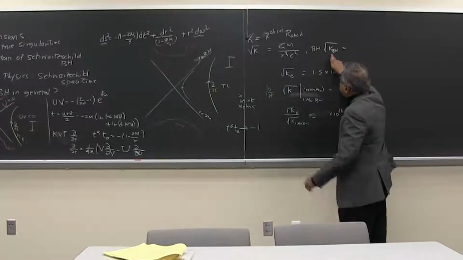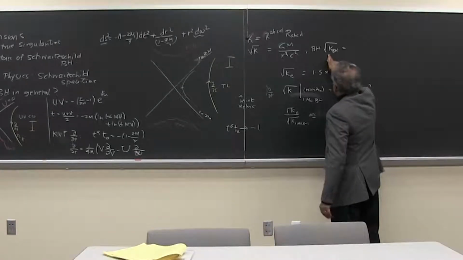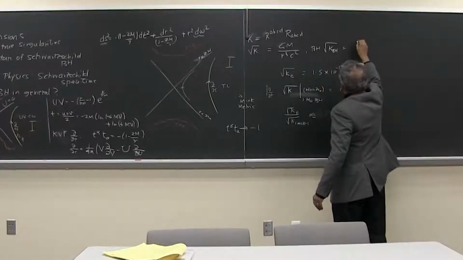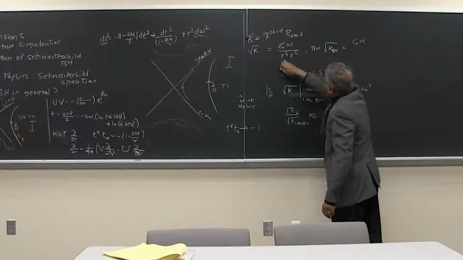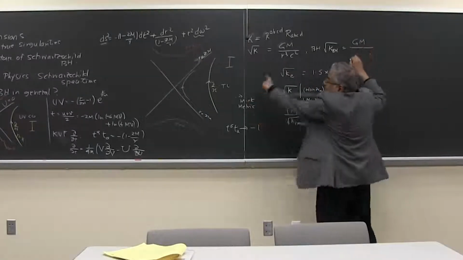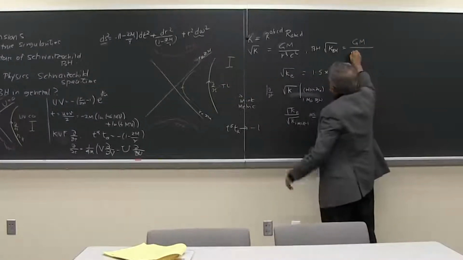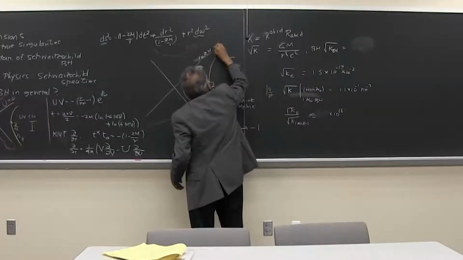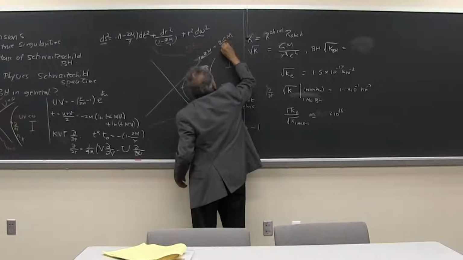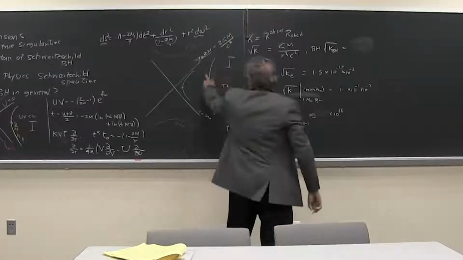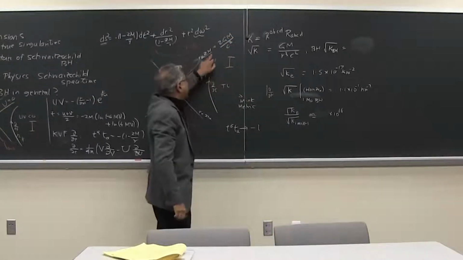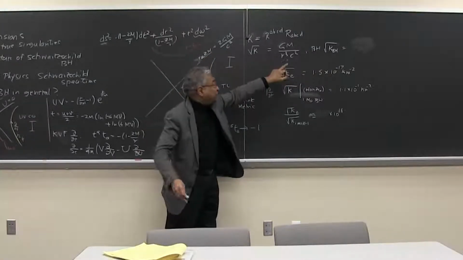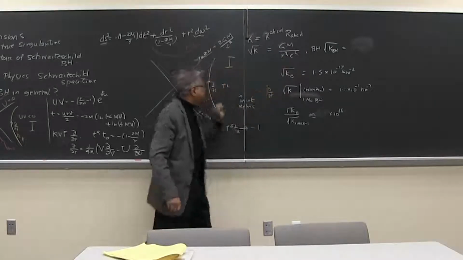But look at this thing. What is this? For a black hole, the square root of this quantity up here is just given by G m over R cubed, but R is equal to 2m, right? R is equal to 2m on the horizon. When I say R equal to 2m, I again mean R equal to 2Gm upon c squared, because most of the time I'm not putting G and c up here, I put them here so that you can do the calculation yourself, substitute the value of G and see that this is true.